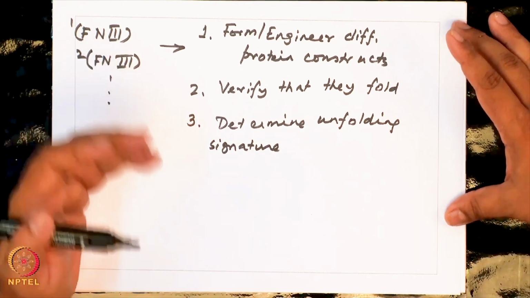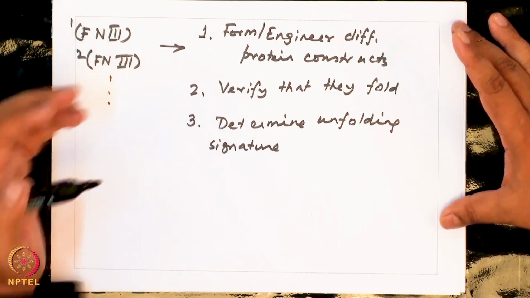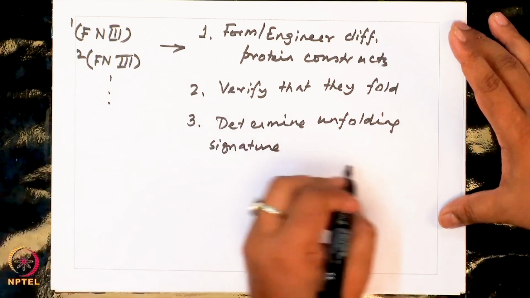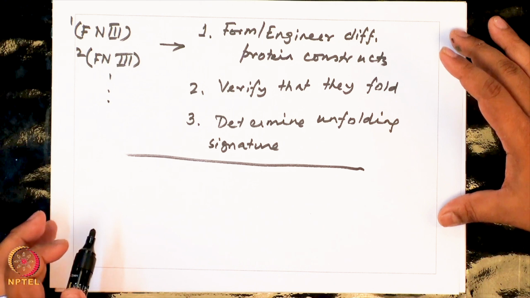So, this way you would be in a position to map the forces for each peak. Now, let us assume you have determined the unfolding signature for all the entire protein.